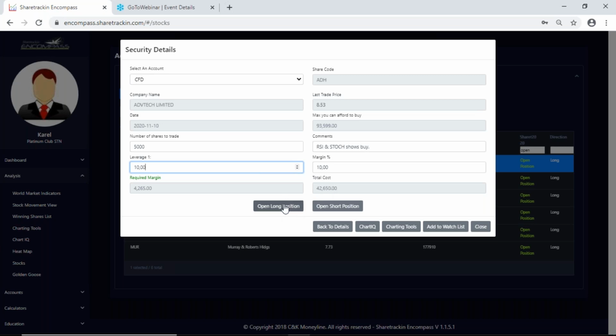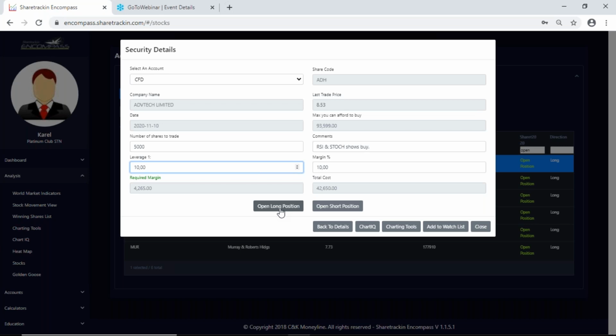Then you can say open long position or open short position. Like I said, the long position is a trade going upwards and a short position is a trade going downwards. So this is where you would say which direction you are going for.